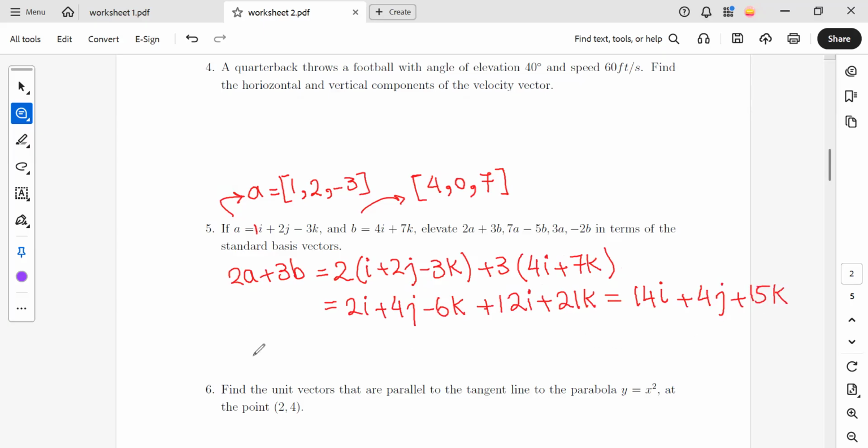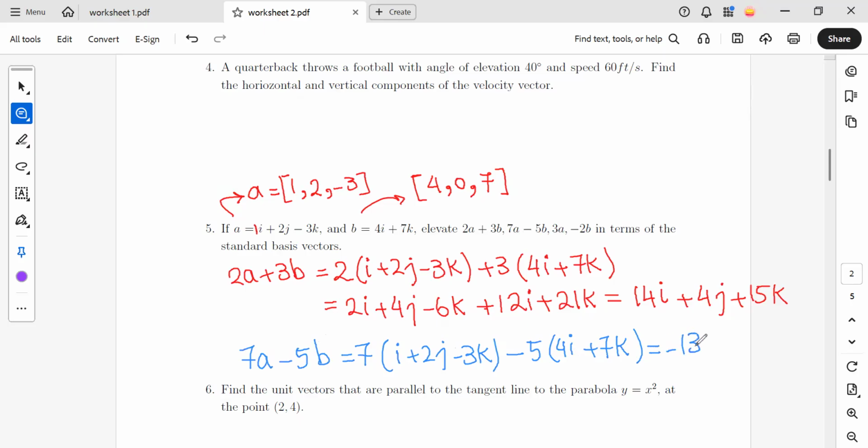For the next one, which is 7a minus 5b, we would do the same. So 7 times (i plus 2j minus 3k) minus 5 times (4i plus 7k). And that would be 7i minus 20i.